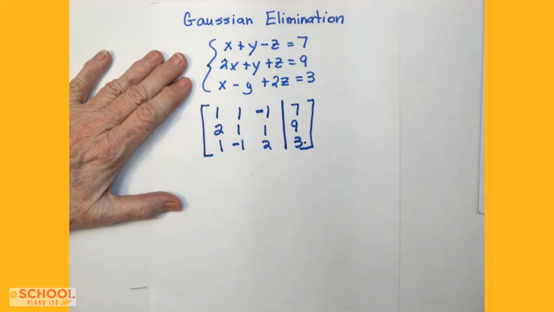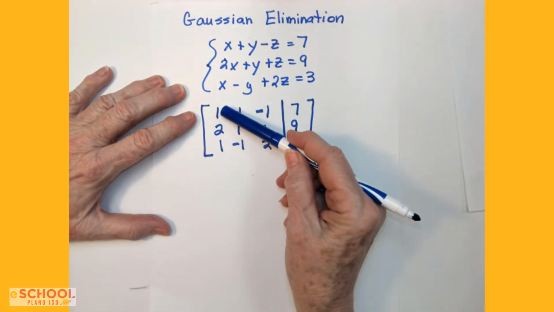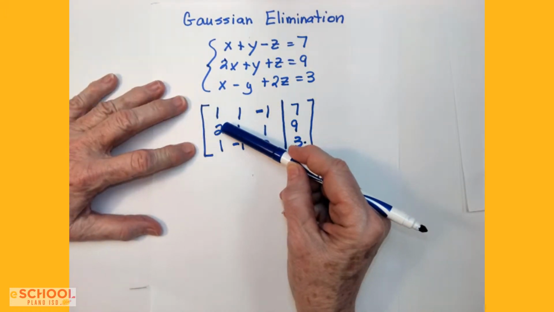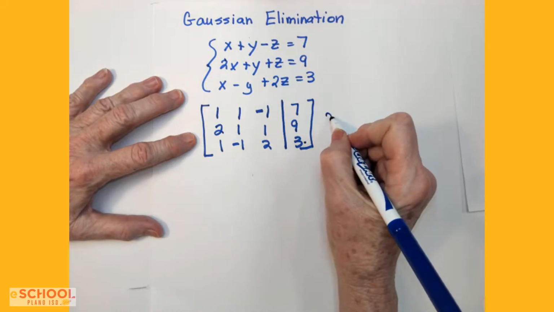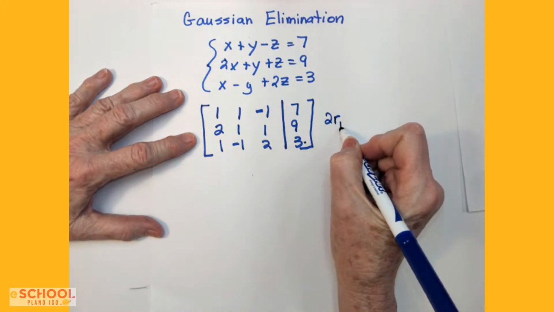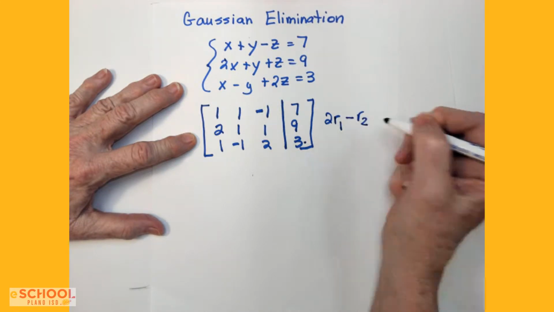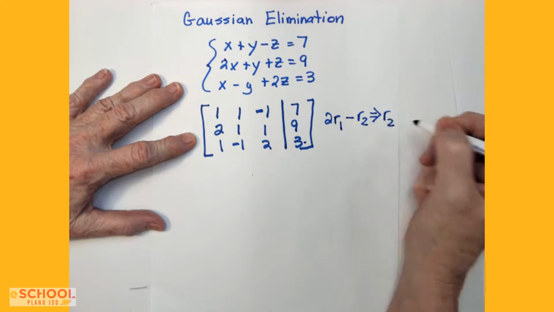There's a 1 here, so we start in a good place, but this is a 2. This needs to change to a 0. So we're going to take 2 times row 1 and subtract row 2, and that will give us our new row 2.